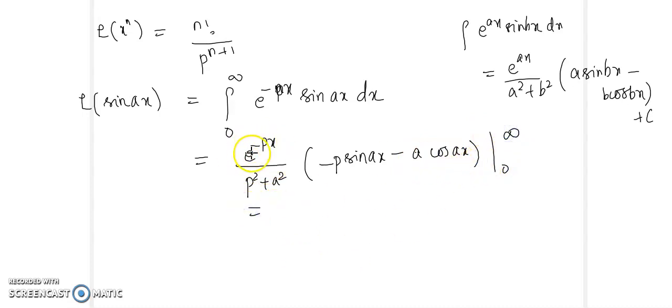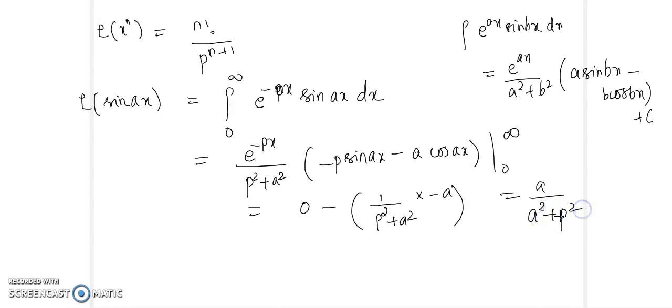So at infinity the e raised to minus infinity term goes to 0, and at 0, e raised to 0 is 1 upon p square plus a square. At 0, sin is 0, so into minus a, that will give you a by a square plus p square. So that is the value of L of sin ax. L of sin ax will be a by p square plus a square. So that's the Laplace transform of sin ax.